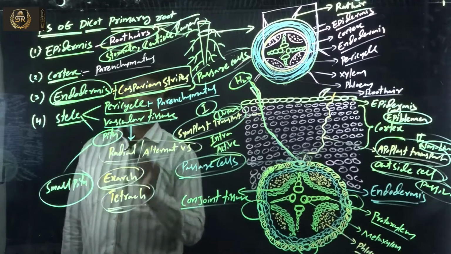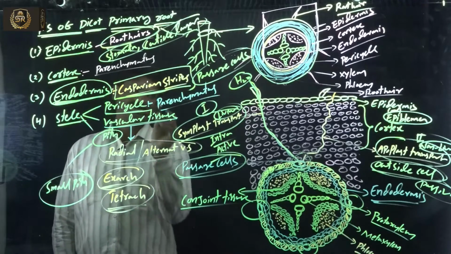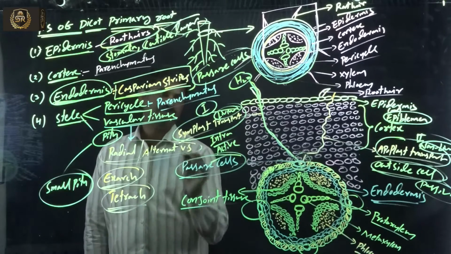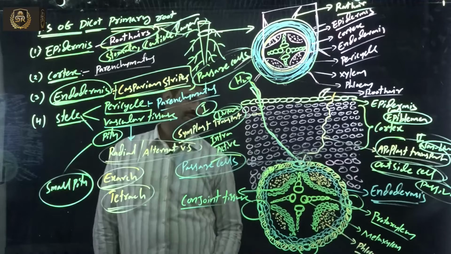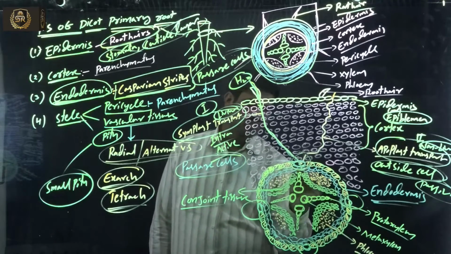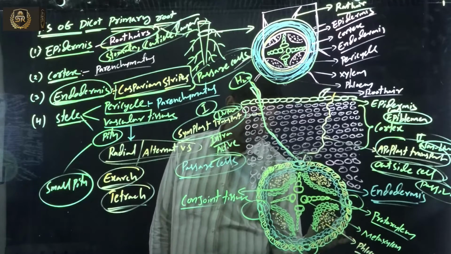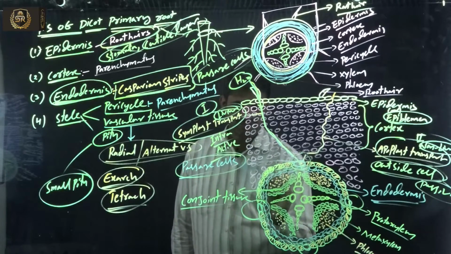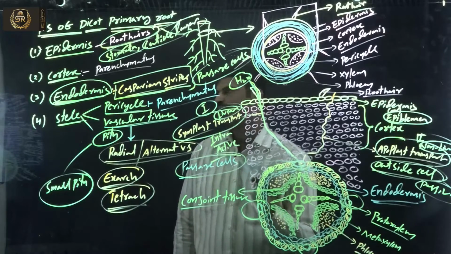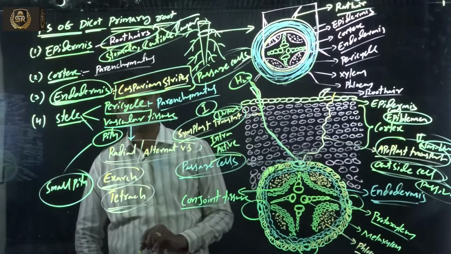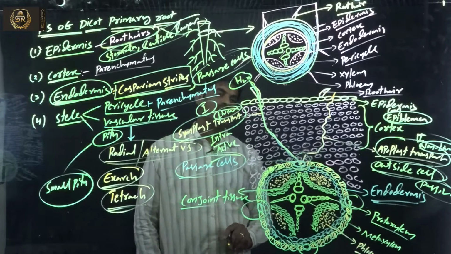Pericycle is made up of parenchymatous cells arranged in 2 to 3 rows.